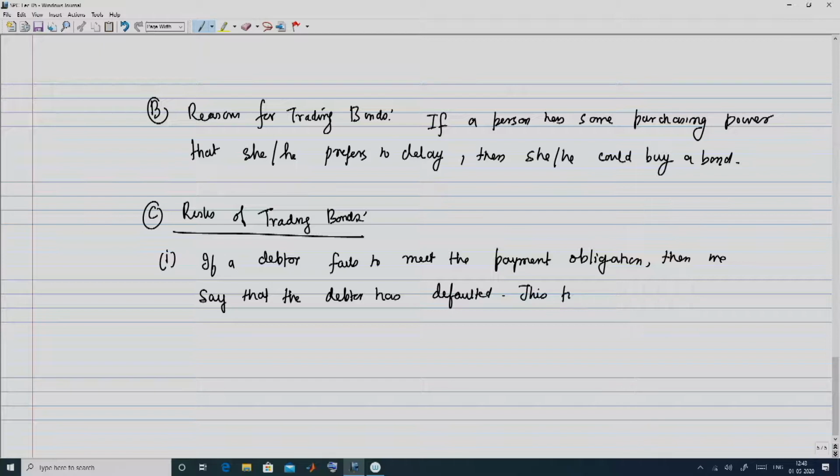This type of risk is called credit risk or default risk.